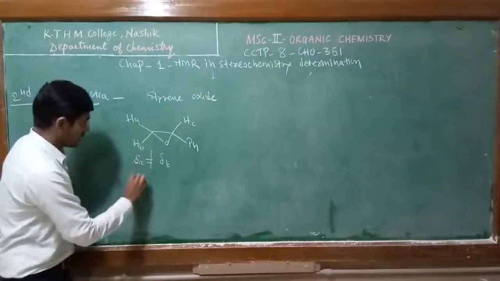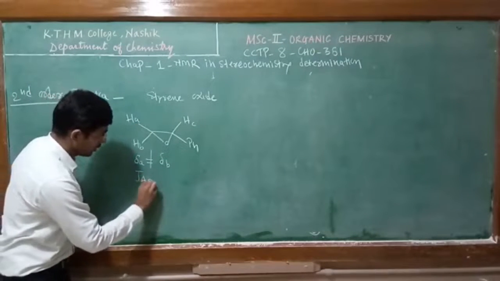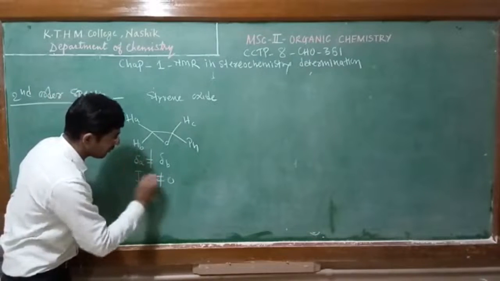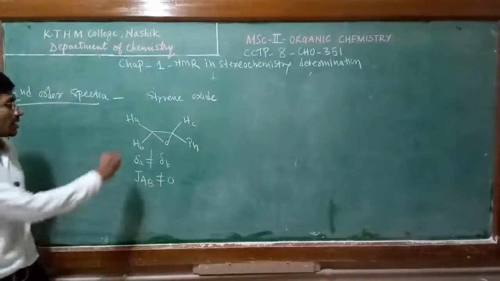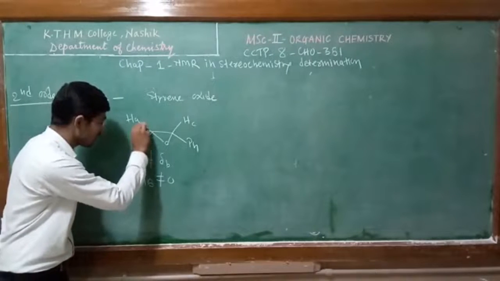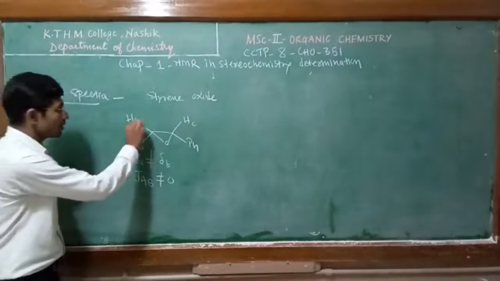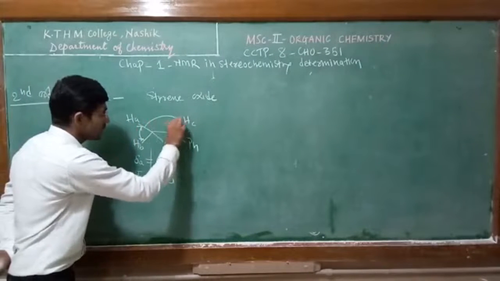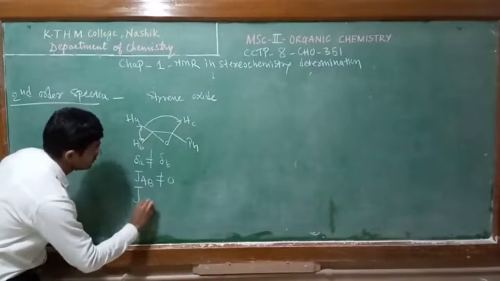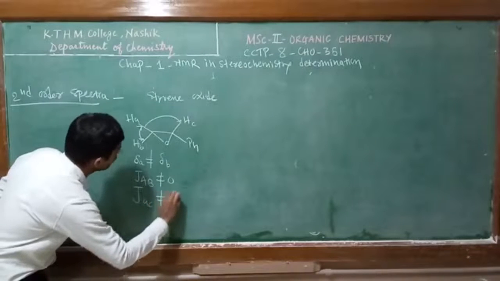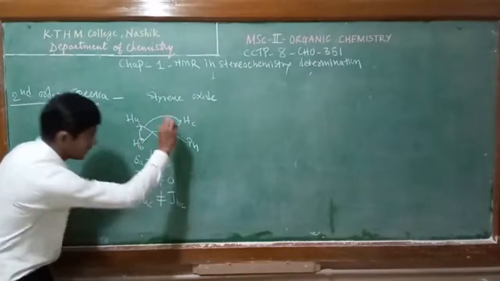In the same way, here JAB is not equal to 0, meaning geminal splitting occurs here, meaning they undergo geminal coupling. Also this proton is coupled with this proton, and JAC is not equal to JBC.